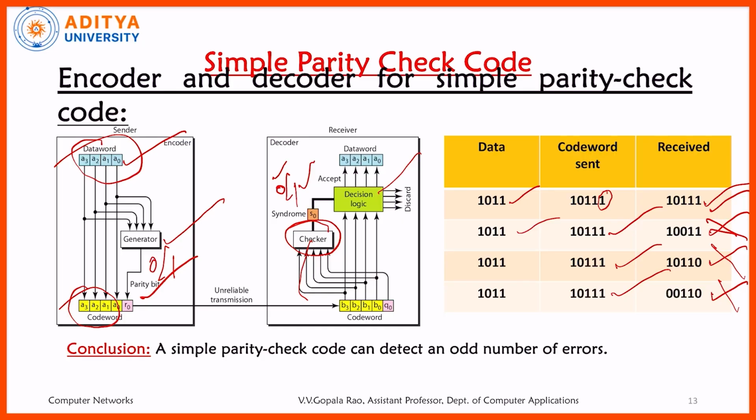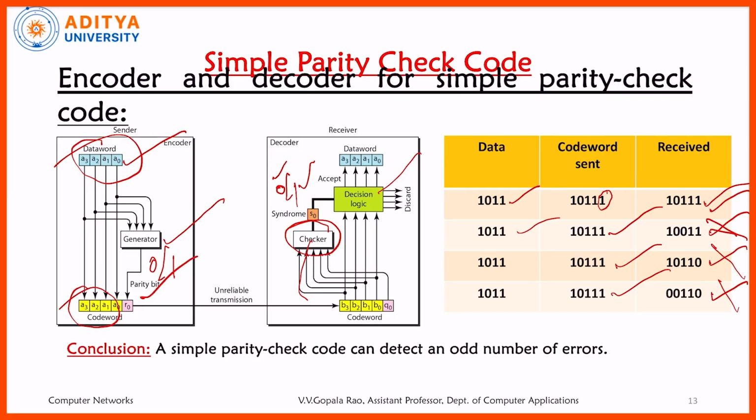Whenever the code word is altered at an odd number of positions, that means if 1 bit is altered, you can identify there is an error. Suppose 3 bits are altered, then you can understand yes, an error has taken place. So, whenever an odd number of bits are altered, only then can you understand that an error has occurred. Whenever an even number of bits are altered, you cannot say whether an error has occurred or not.